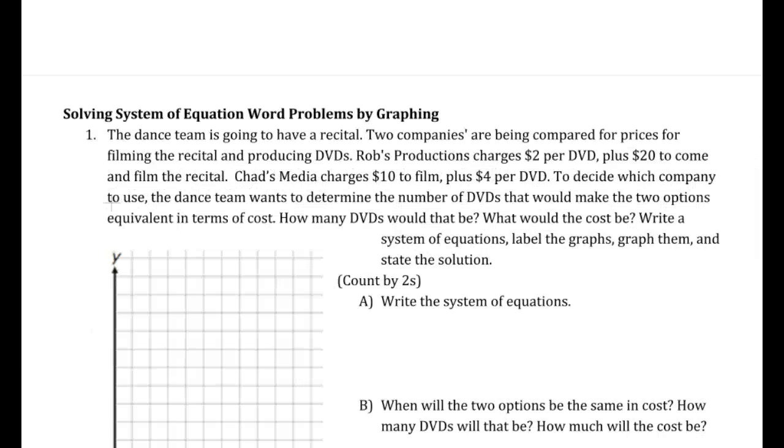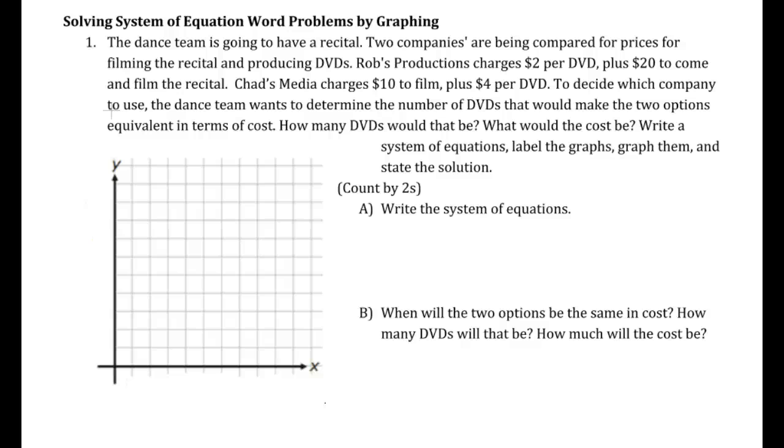Okay, going down here. So what we just practiced was really the first half. If you just take the first few sentences here and turn them into a system of equations, that's part A. As I mentioned earlier, we're really concerned about part D. When are they going to be the same? Like after how many DVDs in this case, and what is that same price going to be?